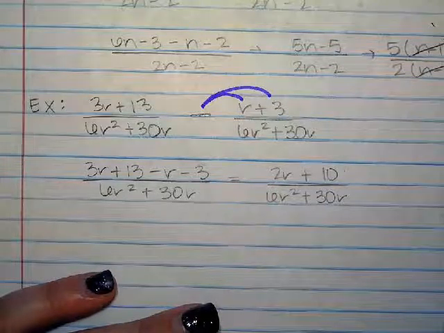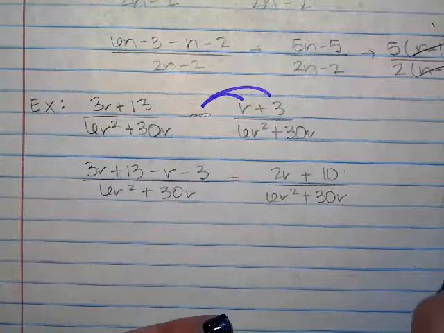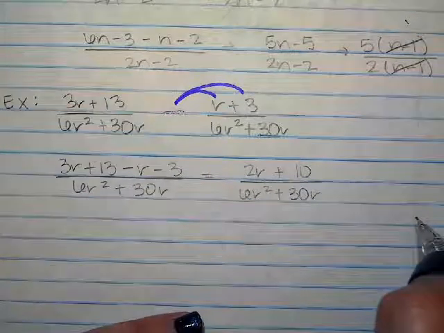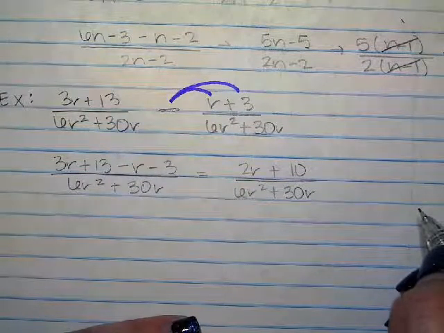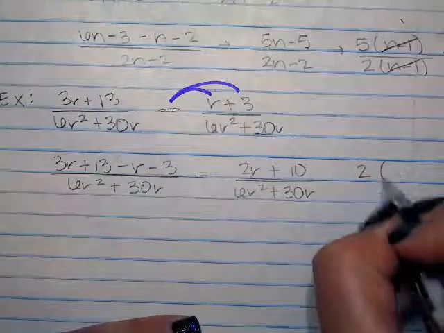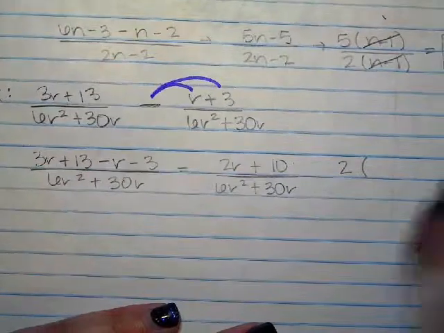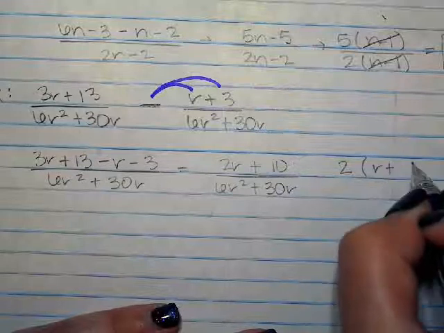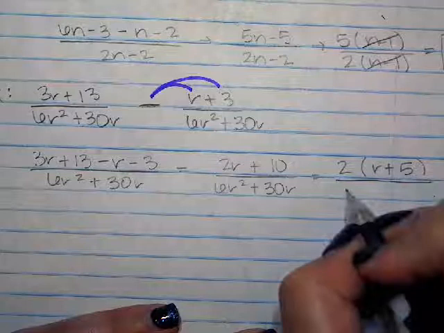Think you had a typo? It's okay. Happens. All right. Then what do we do? Okay, 2 on the top. And when we take out the 2 on the top, what does that leave behind? r plus 5. And what do we factor out on the bottom? 6r, and what does that leave behind?